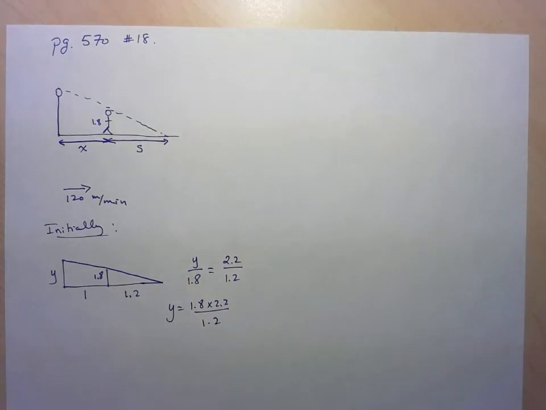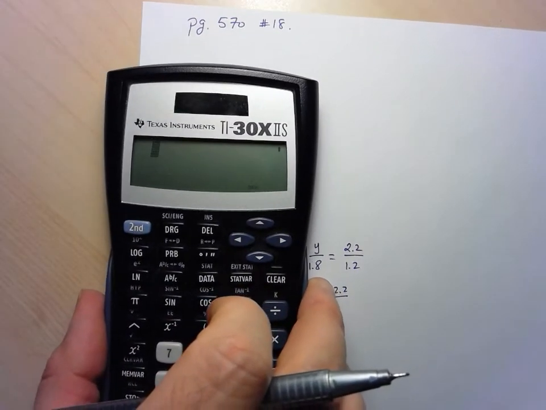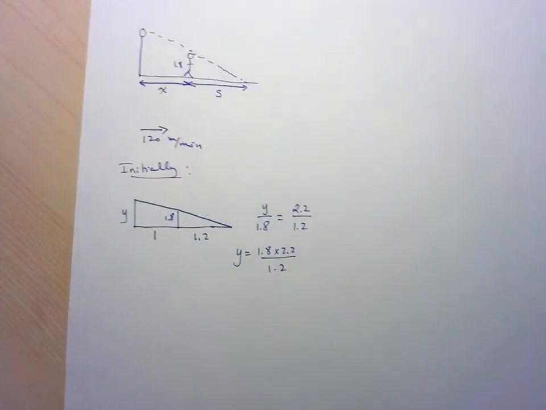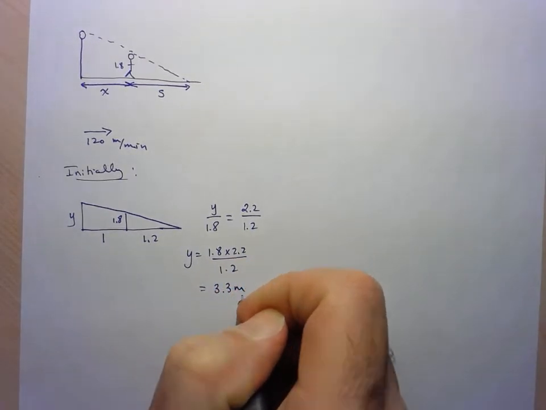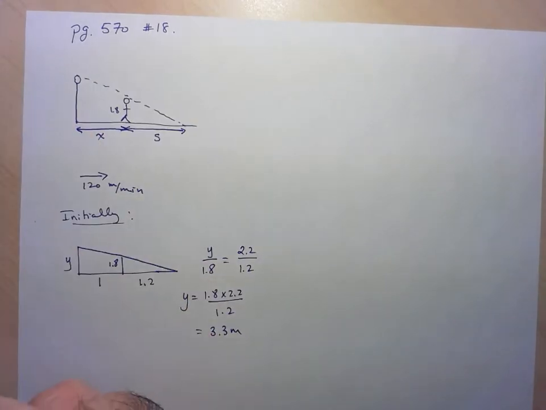Let's calculate that: 1.8 times 2.2 divided by 1.2. It's a nice number, 3.3. So y is equal to 3.3 meters. Now I'm going to add this into my diagram here.